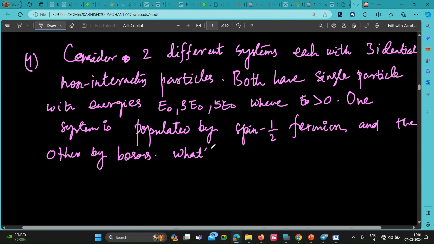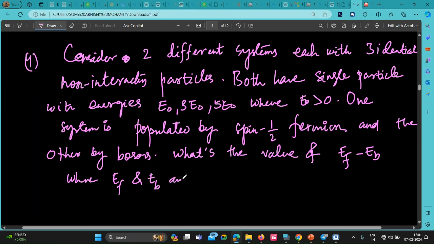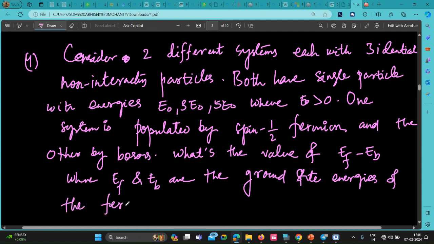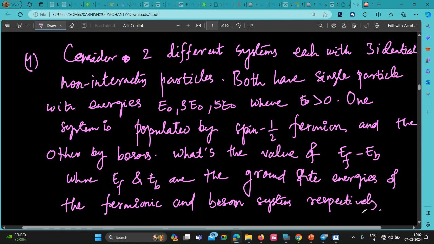What's the value of E_F minus E_B, where E_F and E_B are the ground state energies of the fermionic and boson systems respectively?